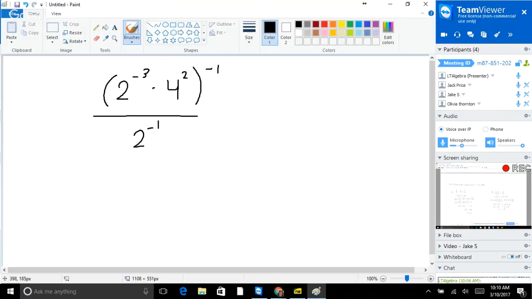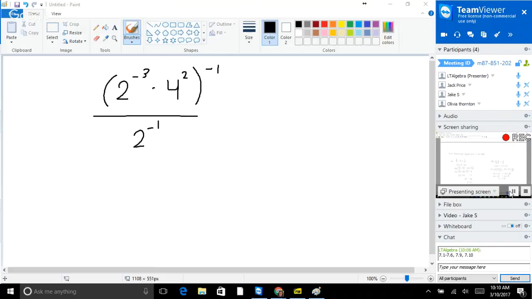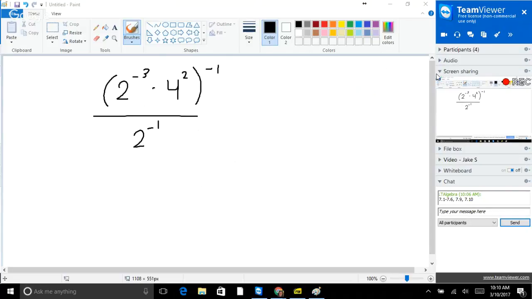Okay, so when you get to the end here, these few problems, there's multiple ways to do these problems. Can you guys see that okay? My screen's not catching up. I just want to make sure. Okay, looks like you can see it okay. It was weird, my screen wasn't showing it.